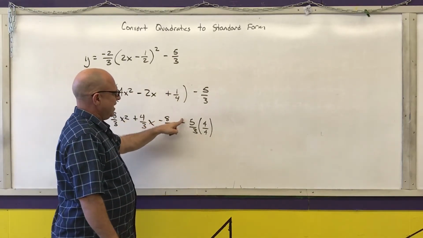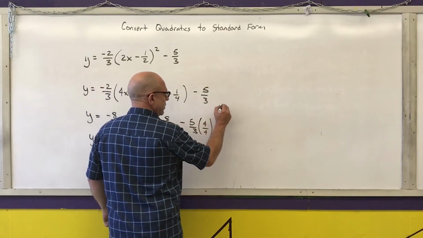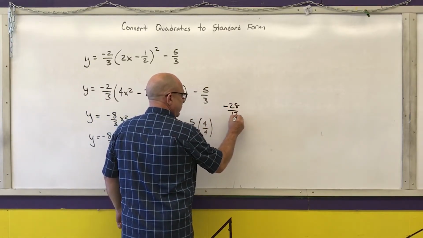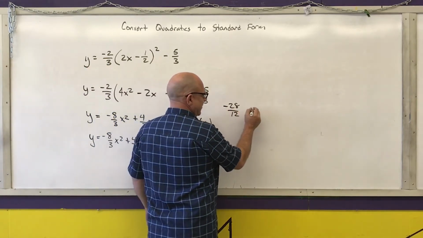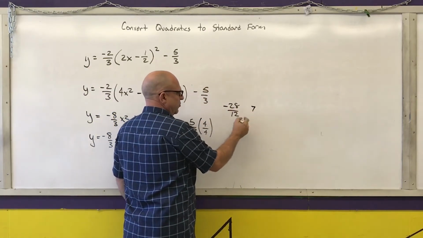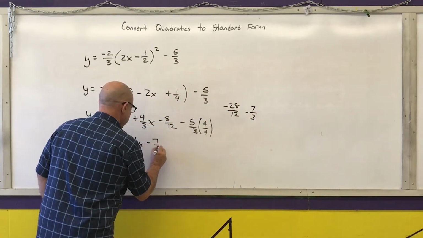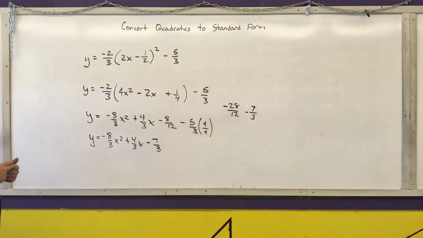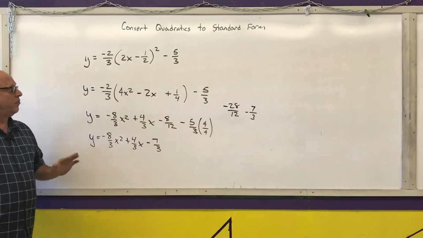Negative 8 minus 20 is negative 28/12. 4 goes into both of these. 4 goes into 28 7 times. 4 goes into 12 3 times. So I'm going to end up with negative 7/3. And that would be the final answer for this being in standard form.